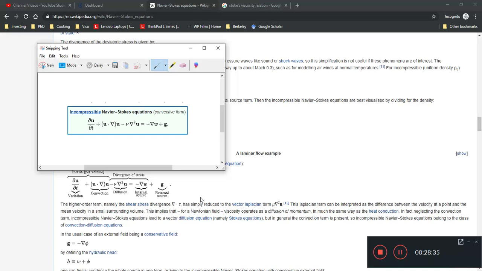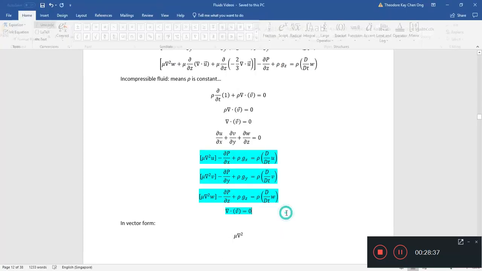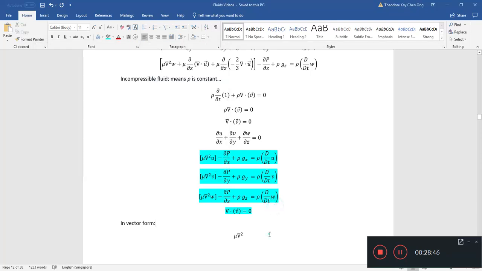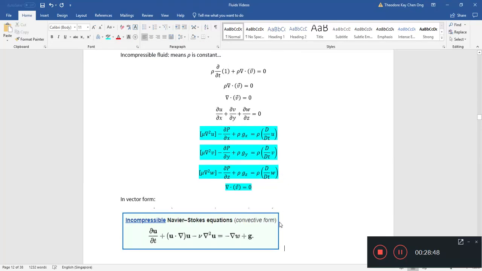And it looks like it's divided throughout by density as well. So this is what it would look like in the vector form if we divide it throughout by density, because density is constant. Then this is what we will get.